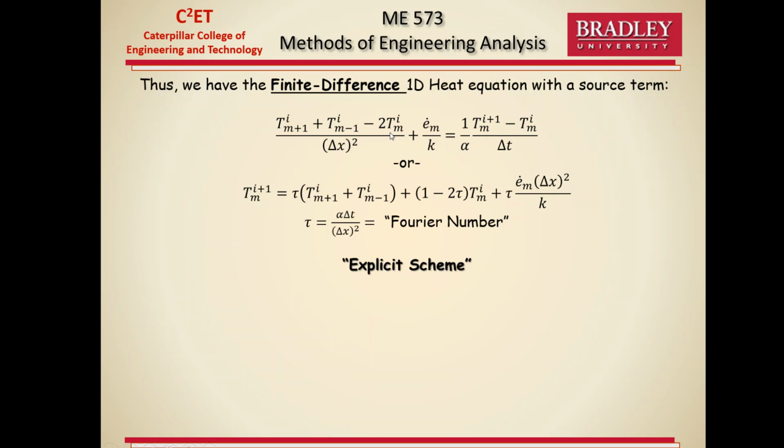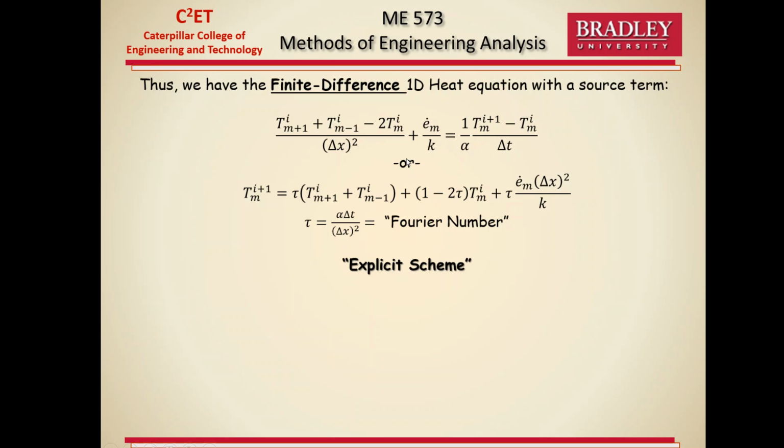That's what this term is. Plus E dot M. Now, that E dot generating term, I replaced the GEN with an M because we will be considering heat generated in node M here, divided by this constant K. Right? And then over here is the approximation to the first order partial derivative of temperature with respect to time. And you can see this is that forward difference equation I'm using.